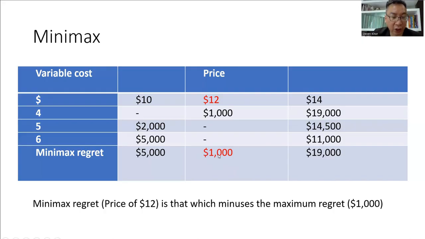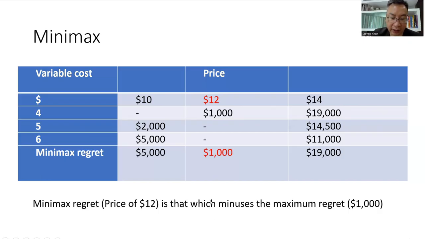So in this case, your pricing should be chosen based on $12 per unit. Okay, because with this $12 per unit, you will regret less, minimizing the maximum regret. Okay, so that is how you make the decisions. You try to minimize the feeling of regret. So what is the amount?